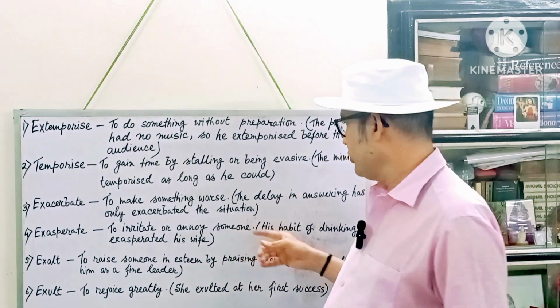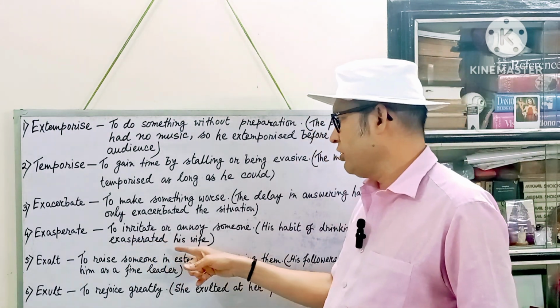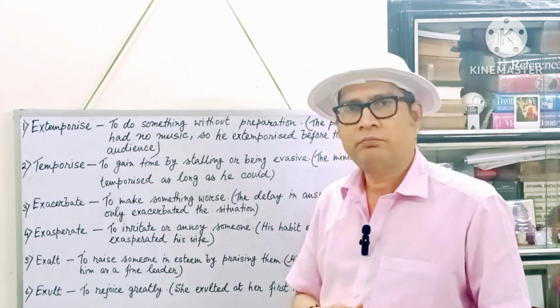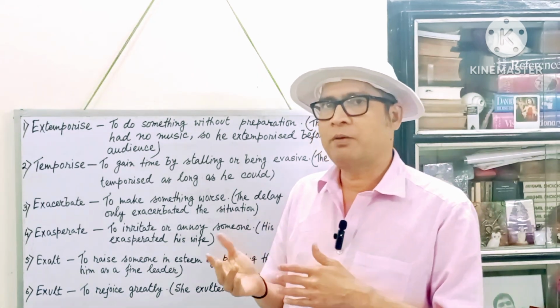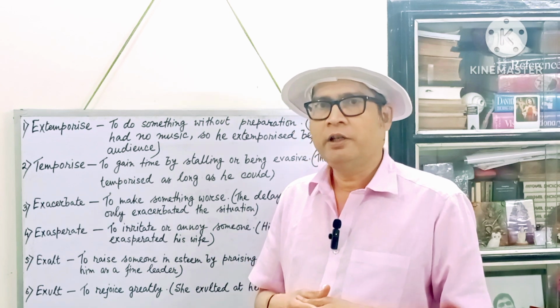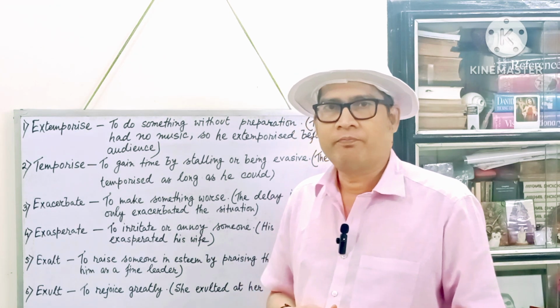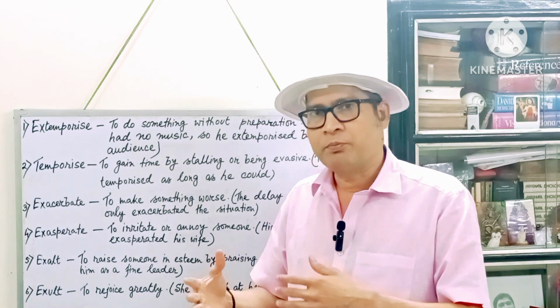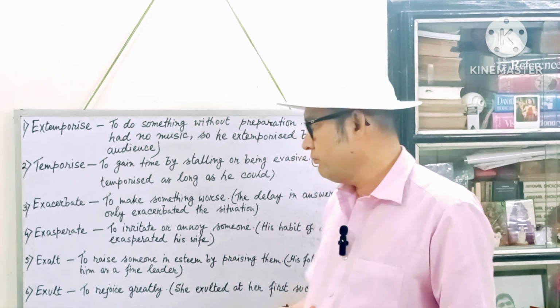And so his habit of drinking exasperated his wife. So if you do something against the will of some member of your family, you simply exasperate that person. You simply irritate that person, you annoy that person, you make that person angry.